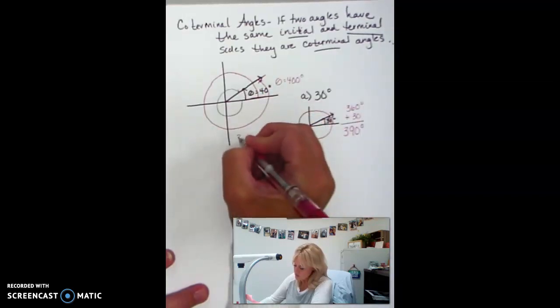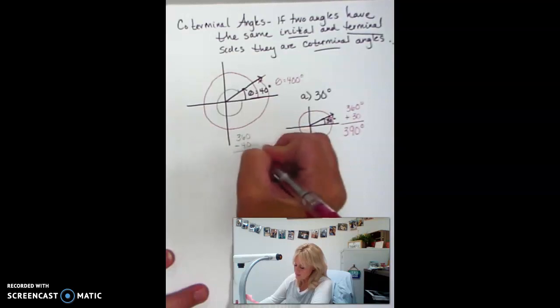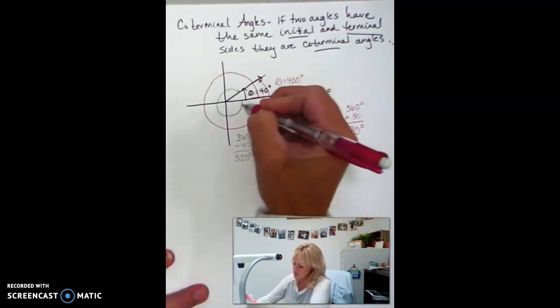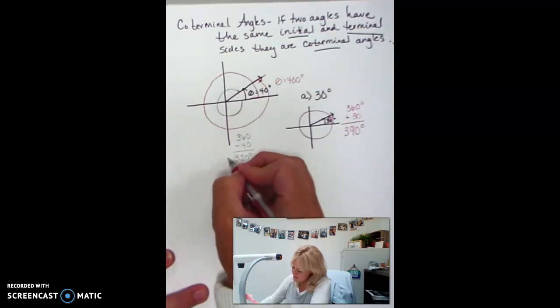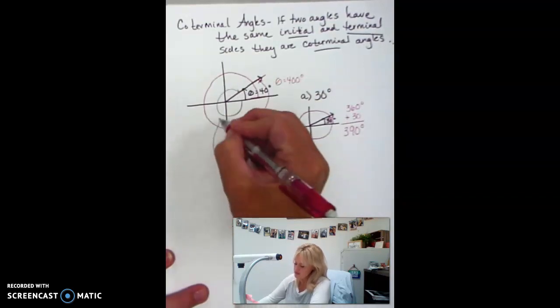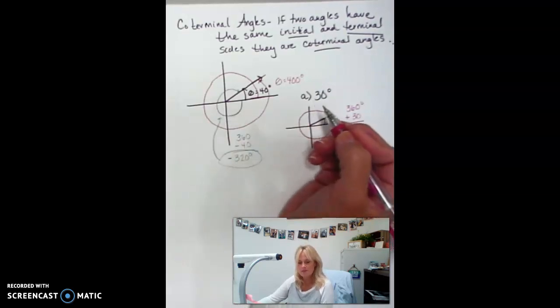So another coterminal angle would be to take away that 40 degrees, at 320, but which way did I go? I went down. So it's actually negative 320 degrees for that part.